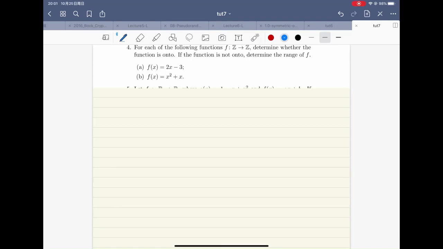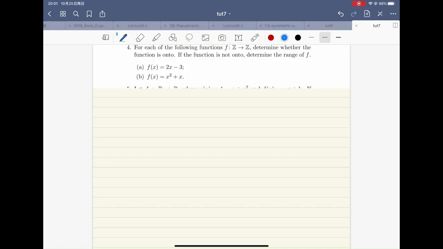It's different from one-to-one. One-to-one means no two different elements in the domain can map to the same value in the range. But onto means if you pick any value in the range, you can find a value in the domain that maps to that value.